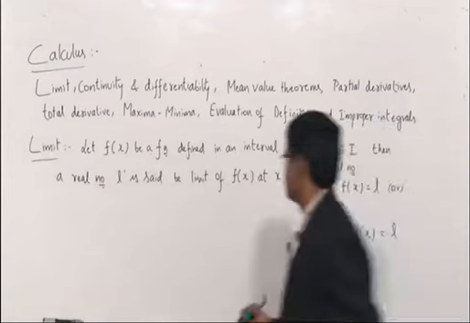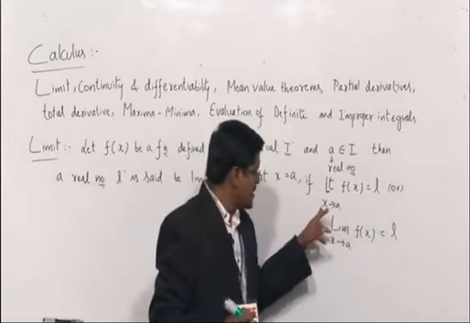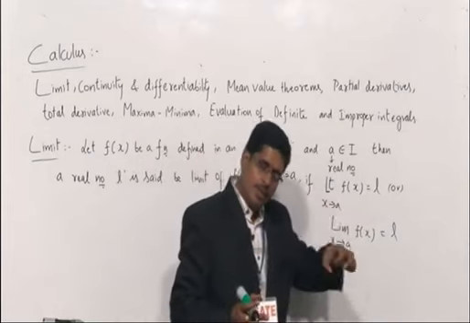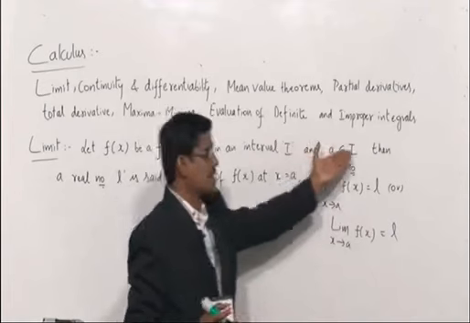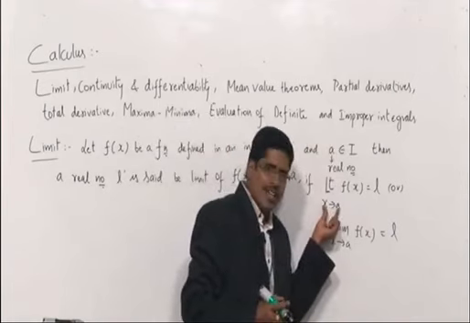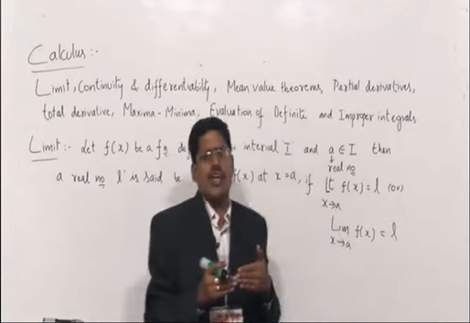Now see, f(x) is the given function, x is any number in the domain of the function. What is that domain? Interval I. So x approaches a, this is read as x tends to a. That means x is very close to a, nearly a.